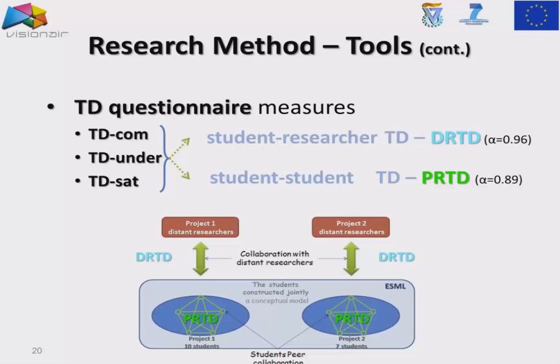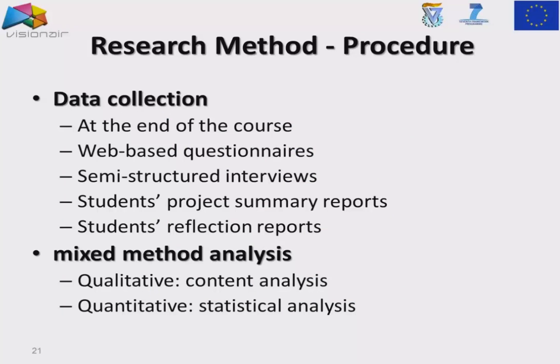As you can see, the internal consistency, Cronbach's alpha, was very high for those 17 students, for the PRTD and for the distant researchers transactional distance. We collected the data at the end of the course by a web-based questionnaire and semi-structured interviews. We used mixed method analysis.